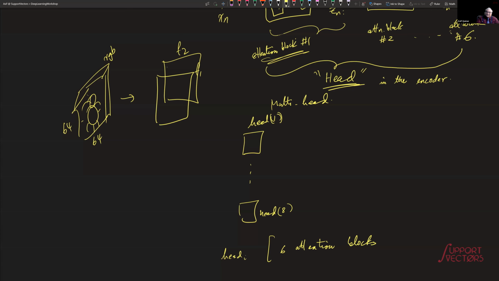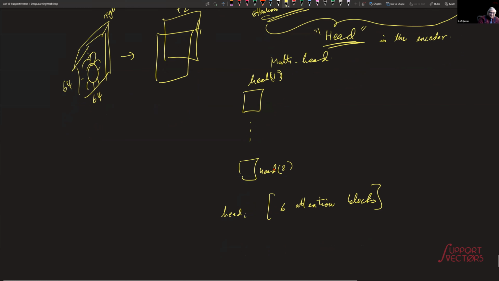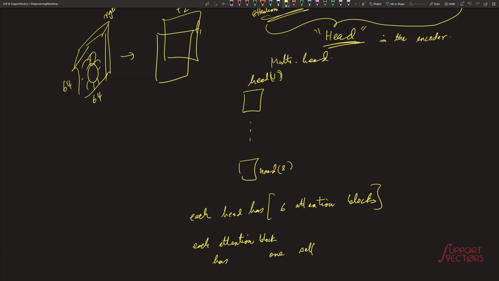And each attention block has the self-attention part and then the feed forward network. For simplicity, you can consider it one layer of feed forward network to introduce the nonlinearity.